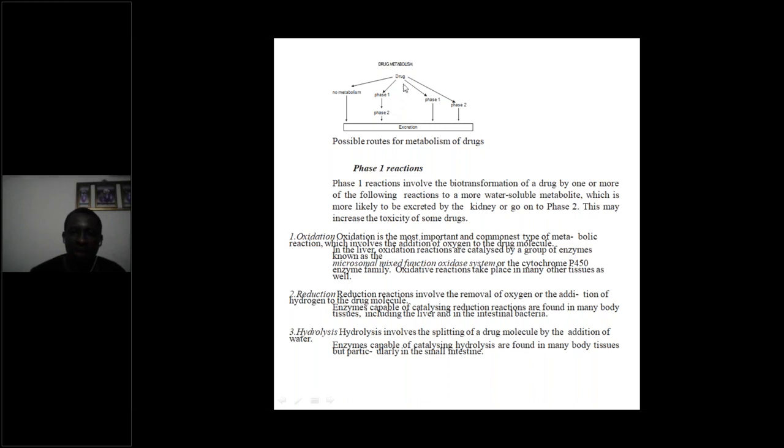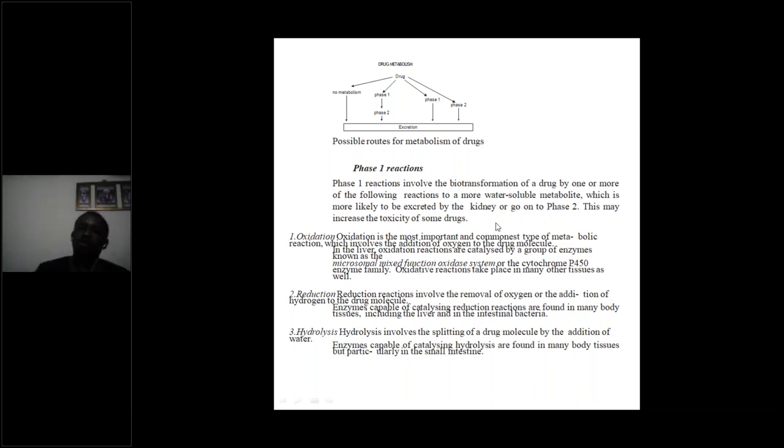Some other drugs can pass through only phase 1 metabolism before they're excreted. Some other drugs can pass through only phase 2 metabolism before they're excreted. As I mentioned earlier on, it is dependent on the chemical nature or structure of the drug.